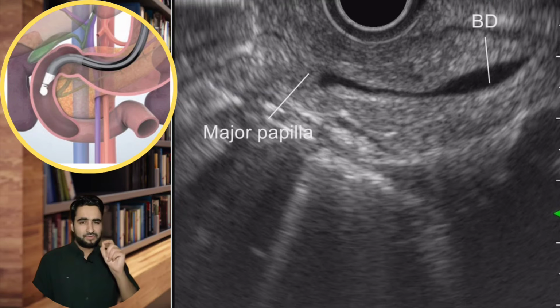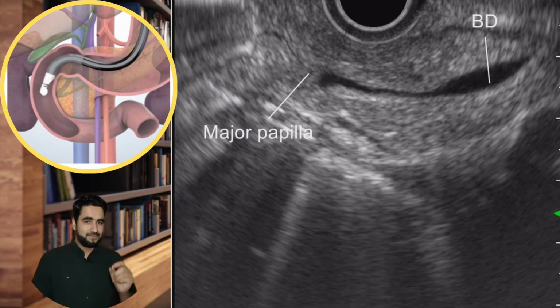While you keep on rotating your scope anticlockwise, you can see after pancreatic duct disappears, bile duct starts appearing just superior to the area where pancreatic duct was visualized. You can keep on gently rotating and do slight lateral maneuvering so that bile duct becomes prominent.